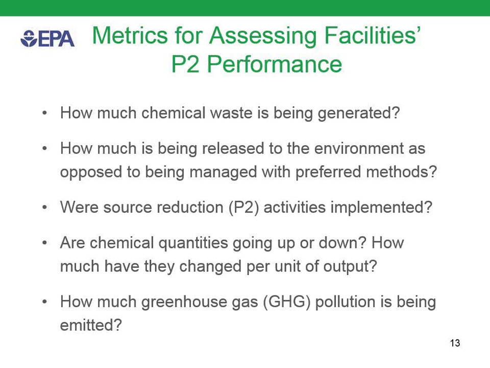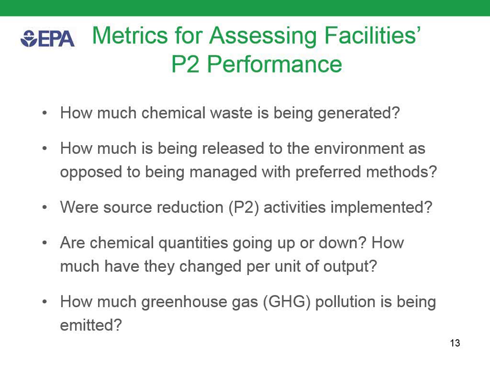How much chemical waste is being generated? Obviously, a facility that's generating more waste versus less, less is better. We want to know what they are doing in order to achieve less. Other metrics of waste being generated: how much is being released to the environment versus how much is being managed with preferred methods. Were source reduction activities implemented?